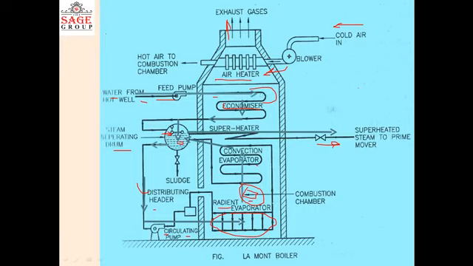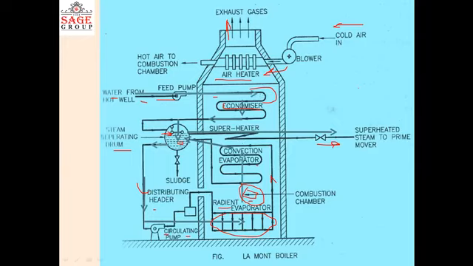After getting heat, this water will follow this passage and enter the convection evaporator section. Actually convection of the water will take place. Here the flue gases will give heat to the water inside the pipes of the convection evaporator.